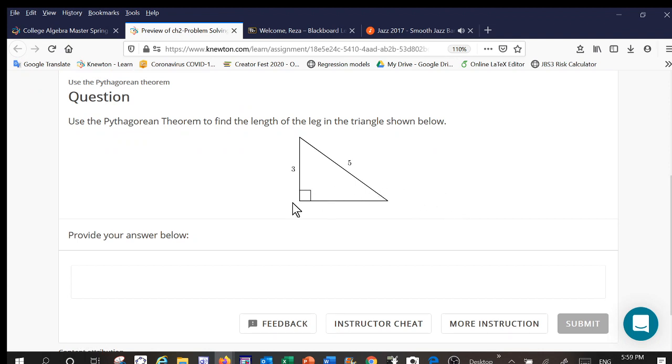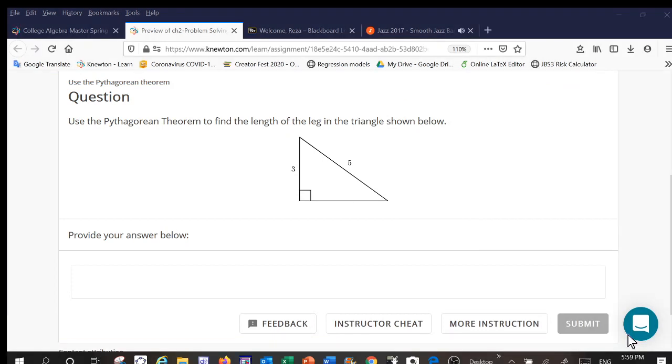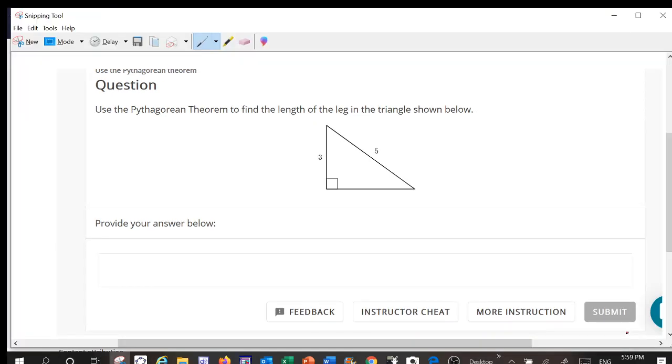So we know the Pythagorean property tells us that in a right triangle, if this is the hypotenuse and these are the legs, then c squared equals a squared plus b squared.